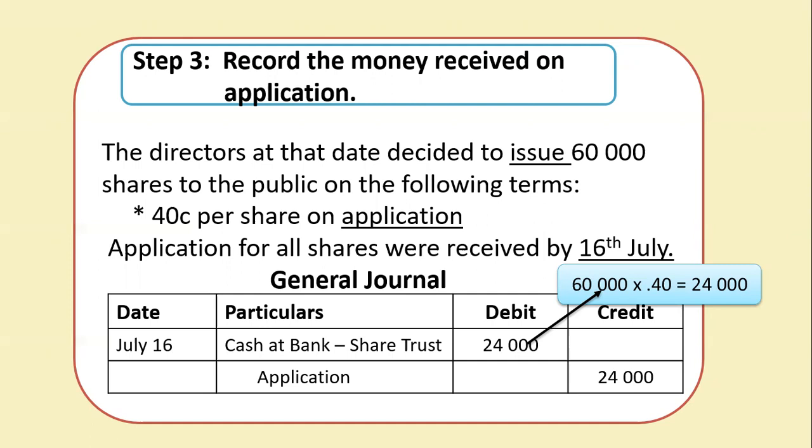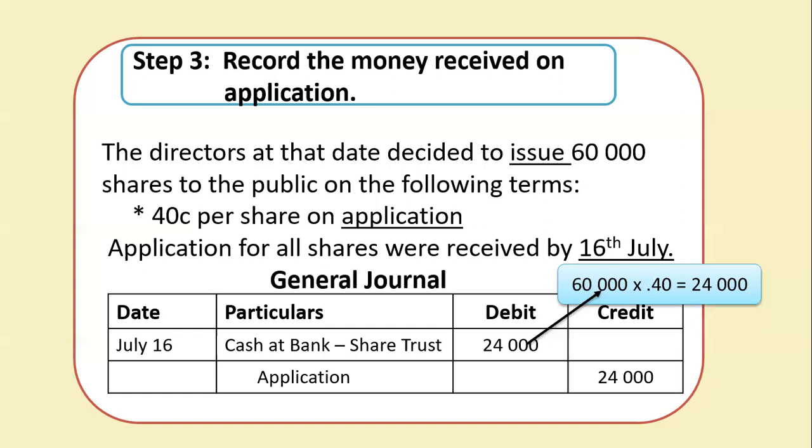So the cash that was received from application is $24,000. It's debit cash at bank share trust. Why share trust? This is a temporary account. When the money is received from application, it's kept in a temporary account, which is called the cash at bank or share trust. This is done because even though the money has been received during application, it's not confirmed yet whose application will be successful and whose will not be successful.